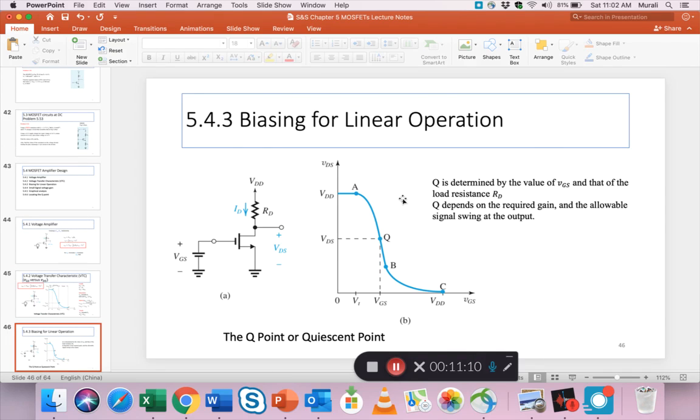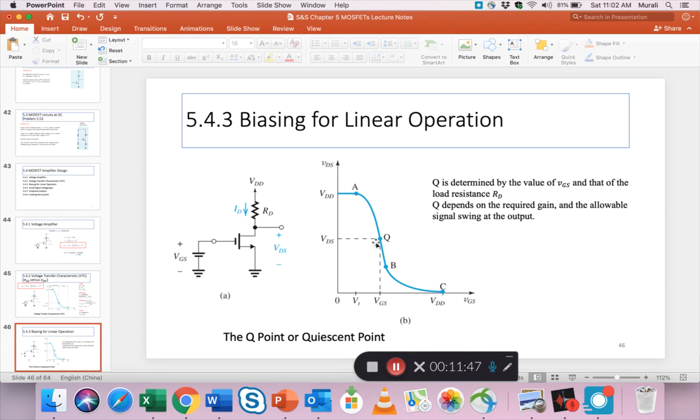Moving on to slide 46. Now we talk about biasing and the Q point, right? Again, this initial discussion, we had it when we studied diodes, we had it when we studied BJTs, the same idea. You need to pick a point on the voltage transfer characteristic, the VTC, so that you have linear operation if you go slightly on either side of that point.